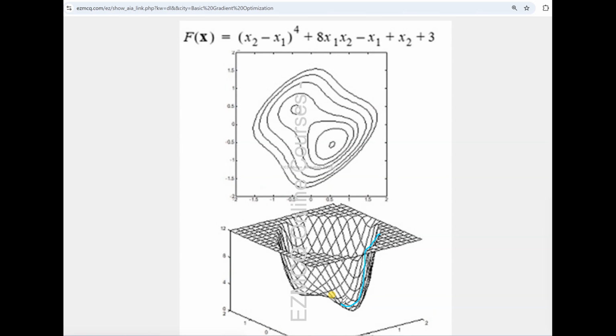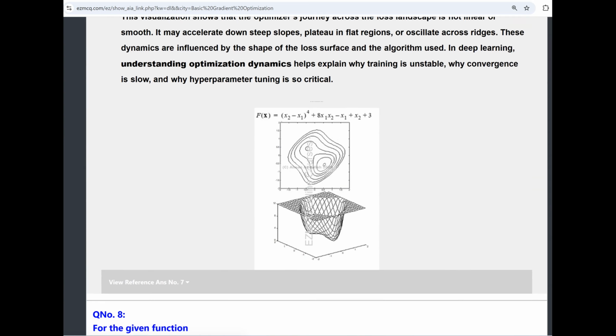So the optimizer is having a hard time trying to reach a good minimum, right? It depends upon the learning rate, it depends upon the algorithm used, it depends upon the training of the algorithm and so on. So this is a challenge.